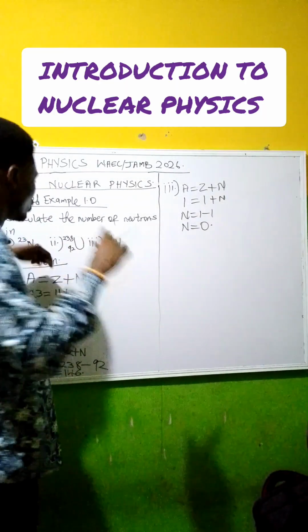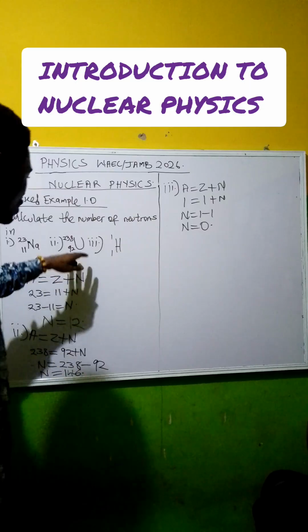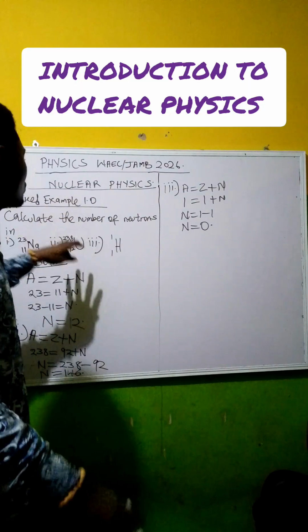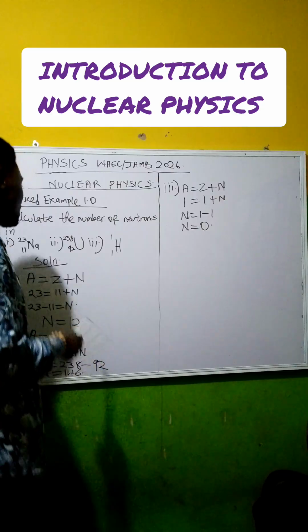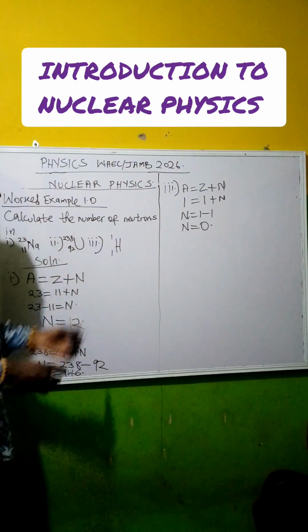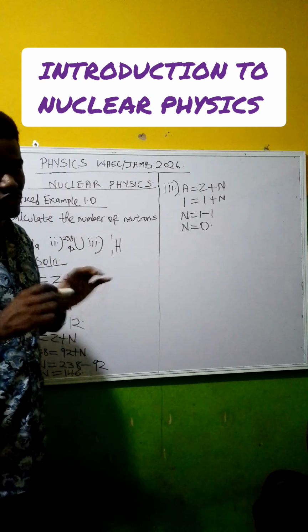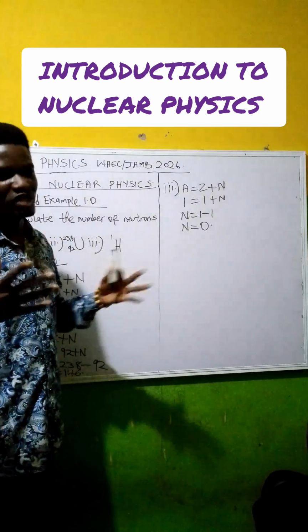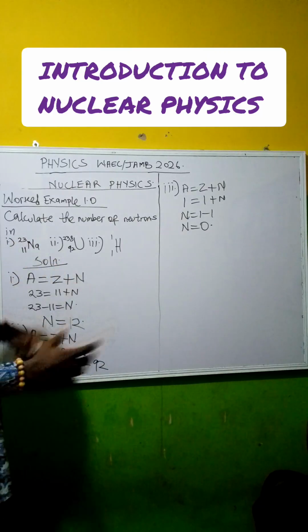So you must make sure to note those cases. To be absolutely sure of your answer, get the number of neutrons by subtracting the atomic number from the mass number using this formula, and you surely get your answer. That is a tricky part that might come up that I want you to be aware of.